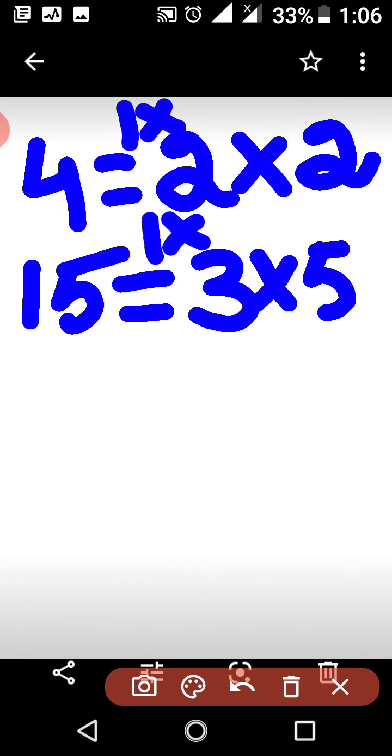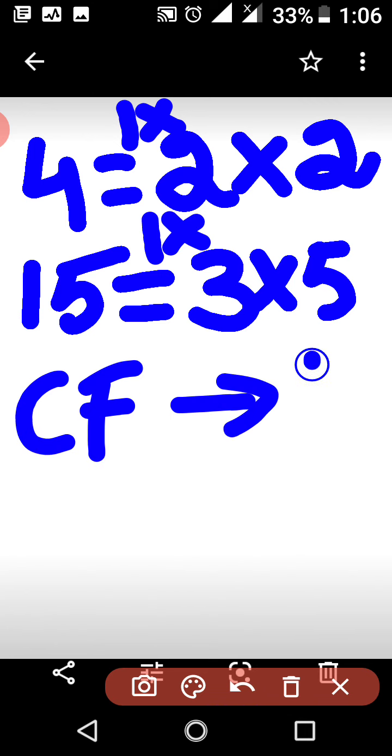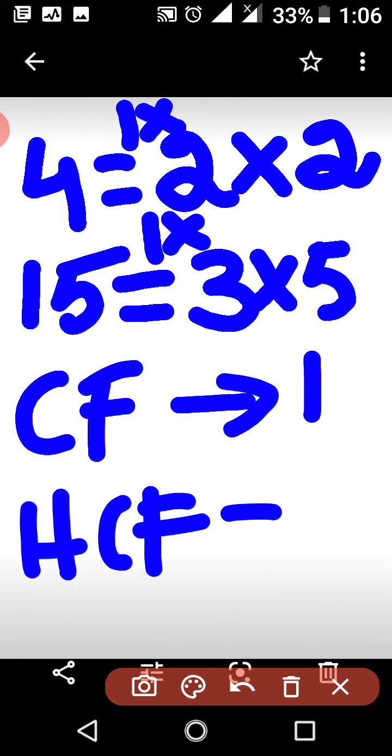Because there is no other common factor, and as we know from the properties of factors, 1 is a common factor for every number. So here we get the common factor as 1. Then obviously HCF becomes 1 only. So if you take any two co-prime numbers, then their HCF becomes 1 but not 0.